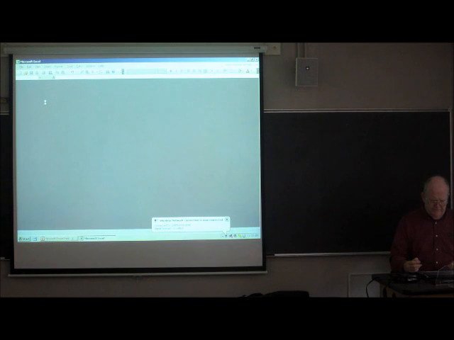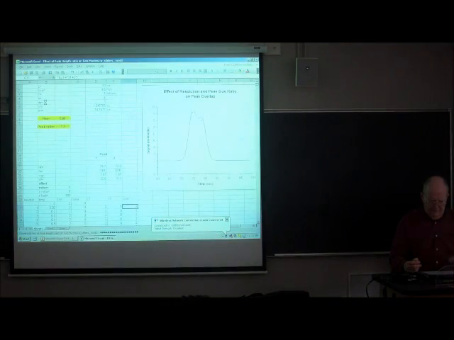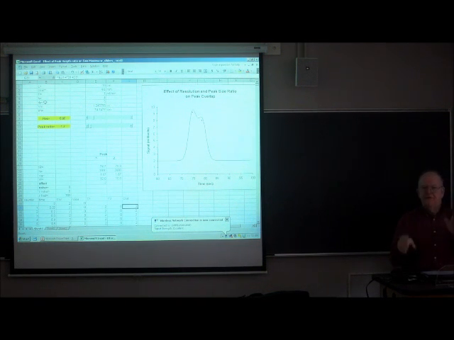So I have a little applet which I'm going to send to you that you can play with. What this applet does is it lets you change the resolution and lets you change the relative peak heights.